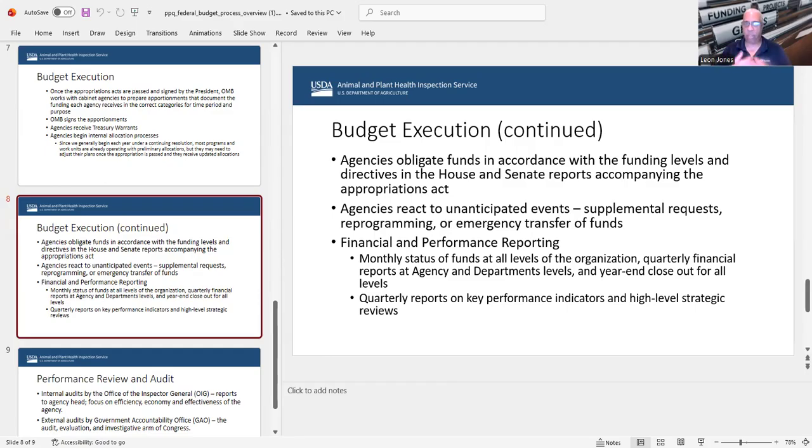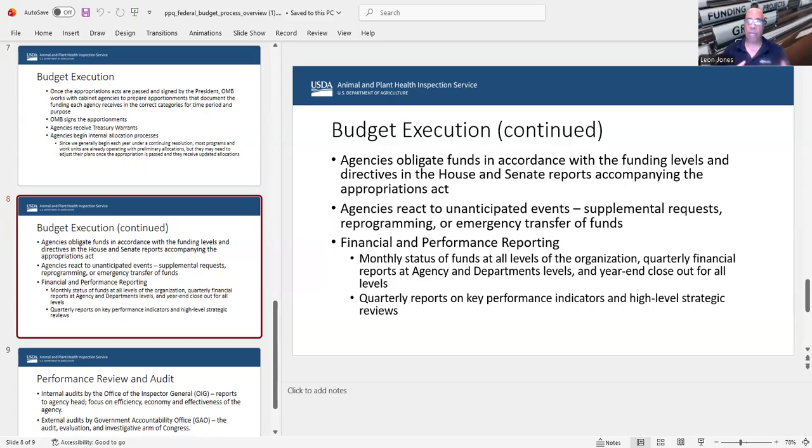What I just said: the agencies obligate the funds in accordance with the funding levels and the directives in the House and Senate reports that accompany the Appropriations Act. Then agencies react to unanticipated events, supplemental requests, reprogramming, or the emergency transfer of funds.